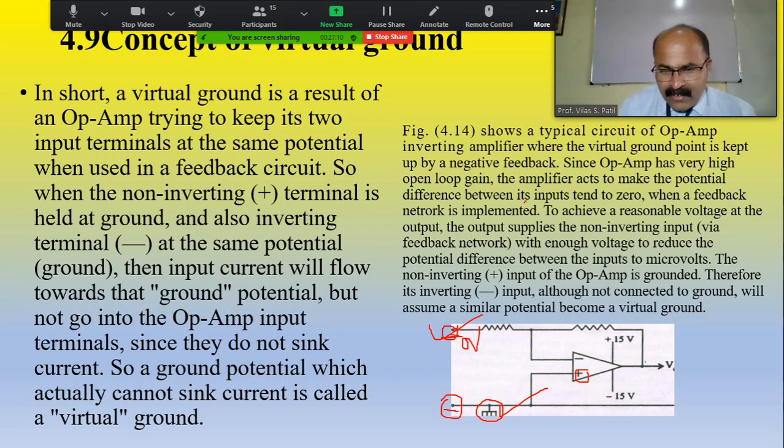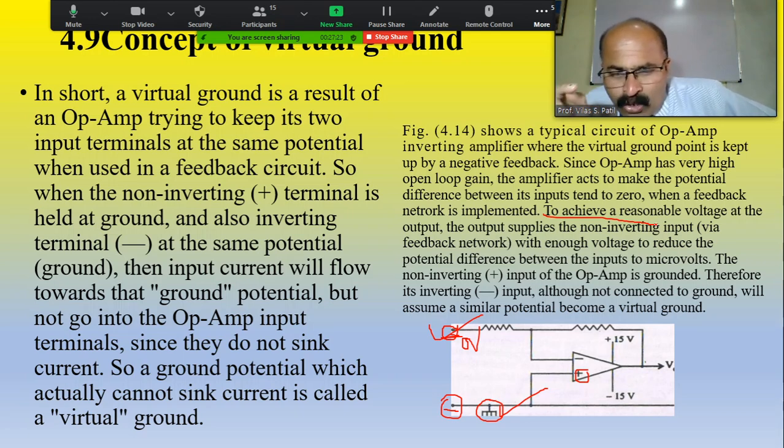To achieve a reasonable voltage at the output, the output supplies the non-inverting input via feedback.